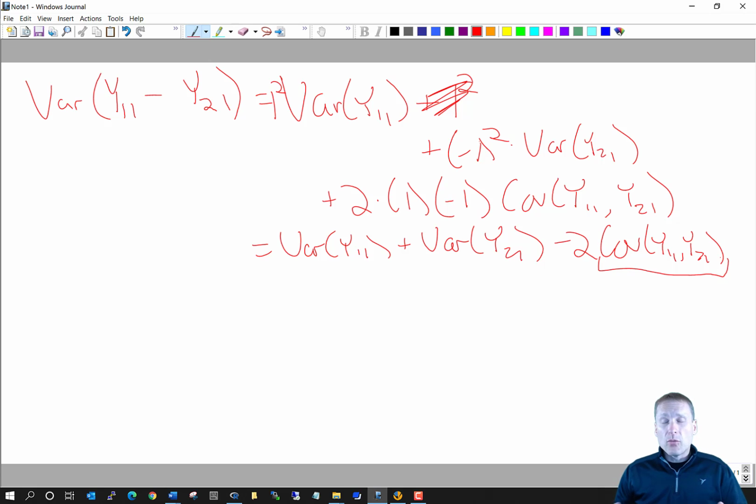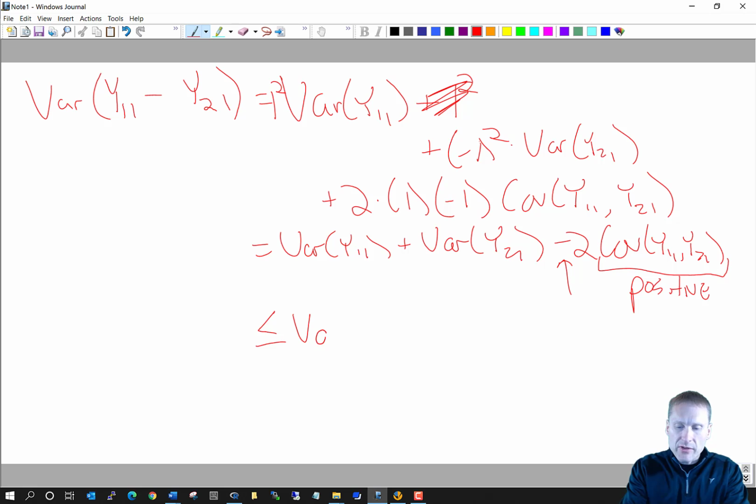Again, you would expect Wheaties to be priced very similarly at Hy-Vee and Walmart. So because of this, this is going to be a positive value. Since I have a minus there, it's going to lower my overall variance compared to independent samples, because in independent samples, this covariance would be 0. So then we could rewrite our expression like this.